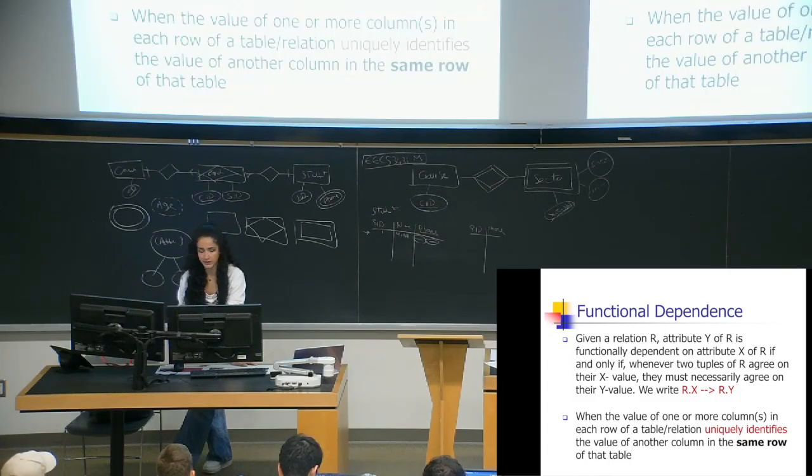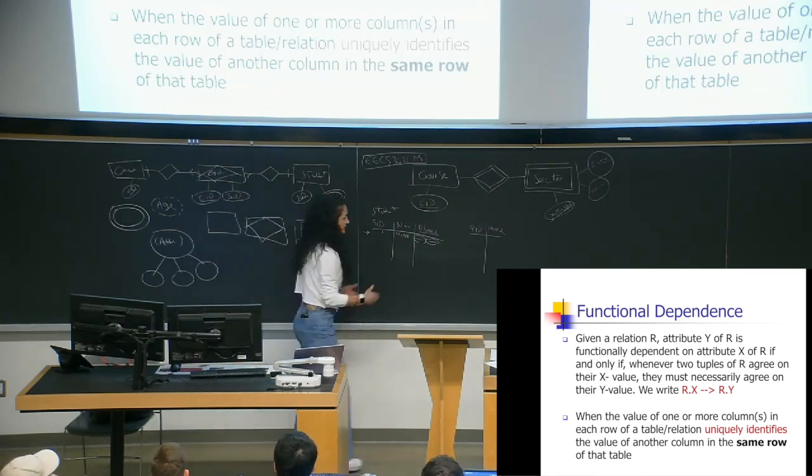Like a table. Attribute Y of R is functionally dependent on attribute X of R if and only if whenever two tuples of R agree on their X value, they must necessarily agree on their Y value. And then we write R.X defines R.Y, or R.Y depends on R.X.